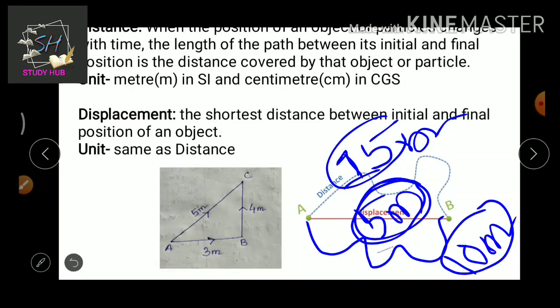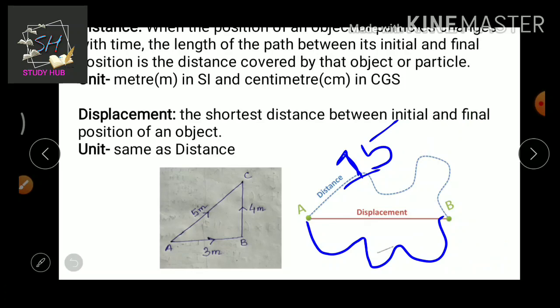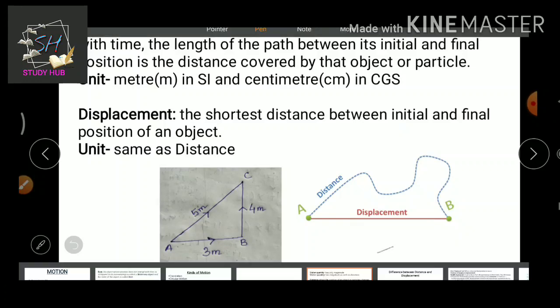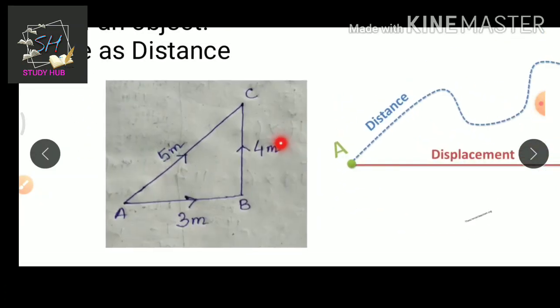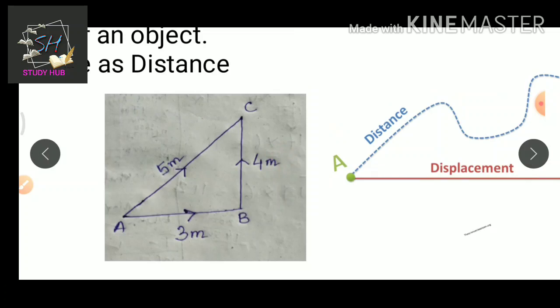Now there is another example or another diagram. Let's understand what it is. As you can see, there is a triangle, obviously.